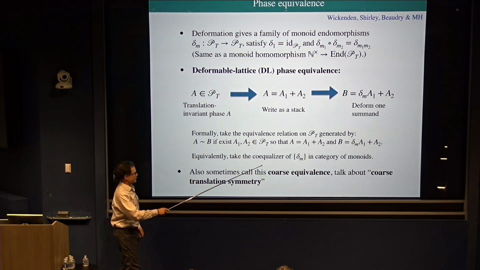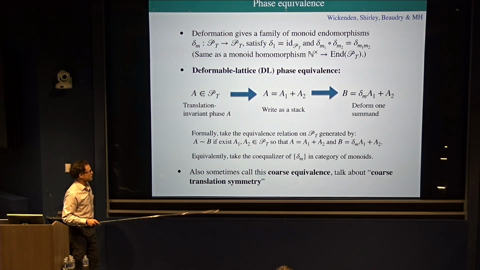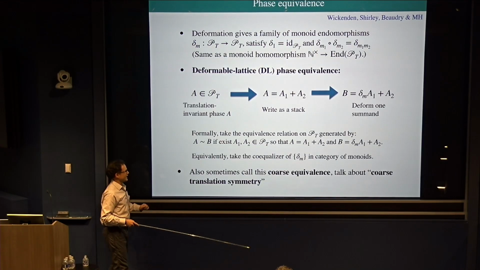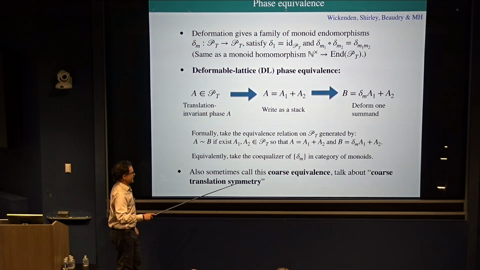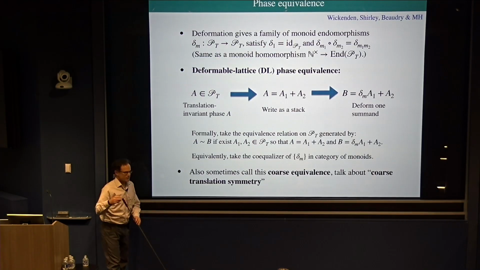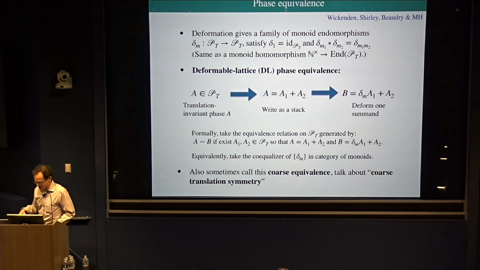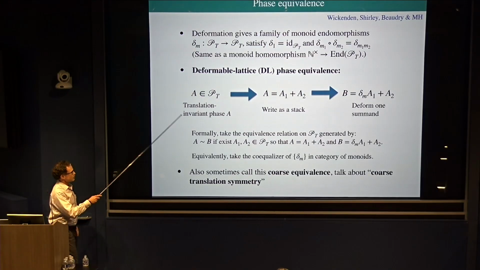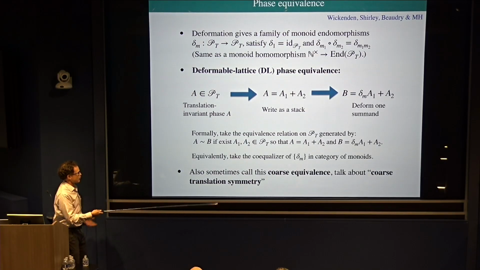Formally, it also corresponds to something nice in the category of monoids. A remark for a few people in the audience, it's a co-equalizer of a certain family of maps. So that tells you that when you do this, you also get equivalence classes with a nice binary operation. So I'll call this deformable lattice phase equivalence, or sometimes coarse equivalence.